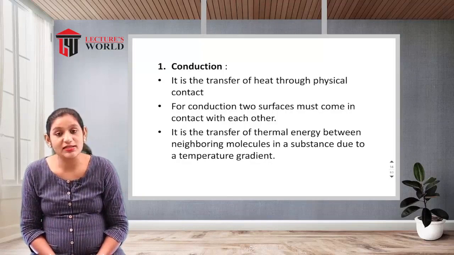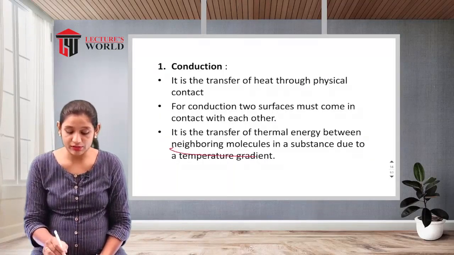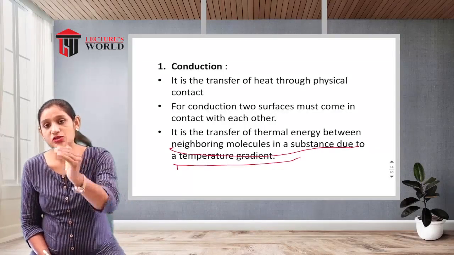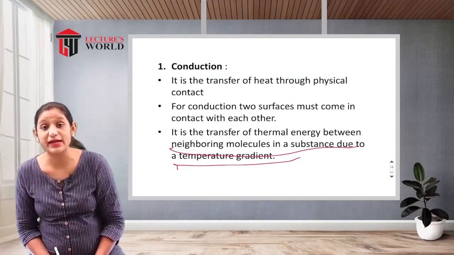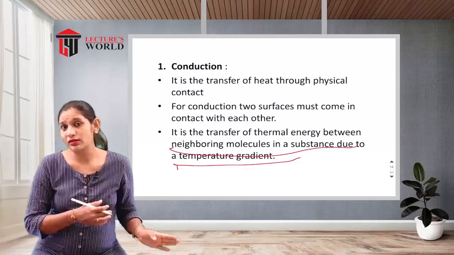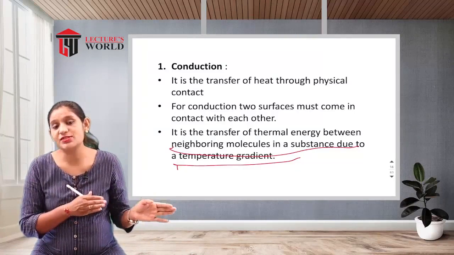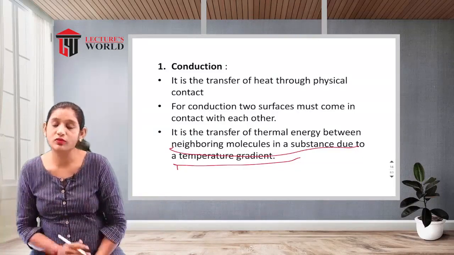It is the transfer of thermal energy between neighboring molecules of a substance due to a temperature gradient, from one molecule to another. What is the gradient? Higher to lower, or lower to higher. But in most cases the energy is transferred from higher to lower.